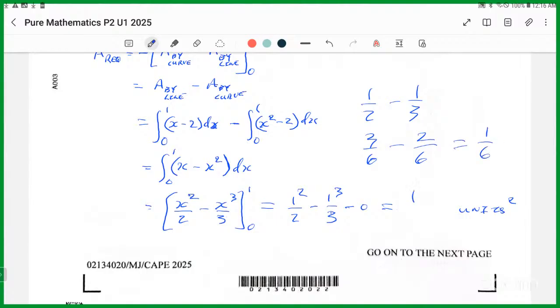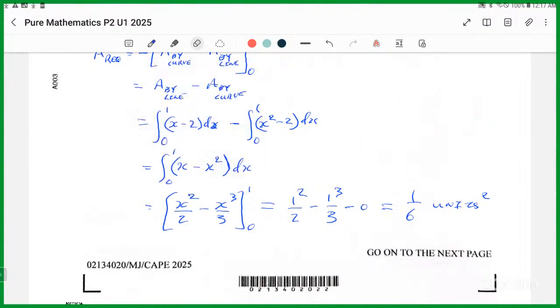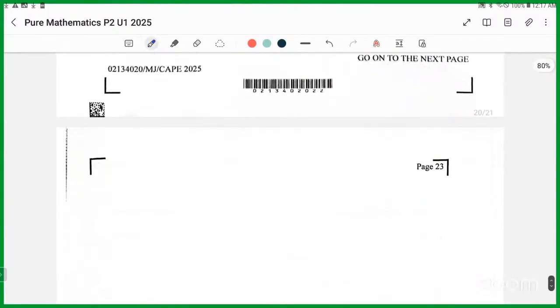That's 1 over 6 units squared for the answer. 1 over 6 units squared. Good.